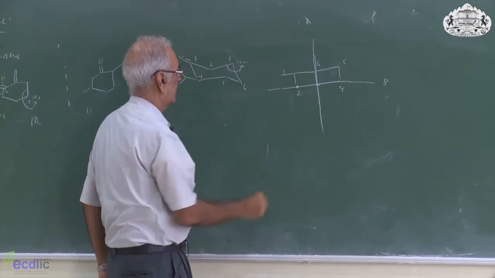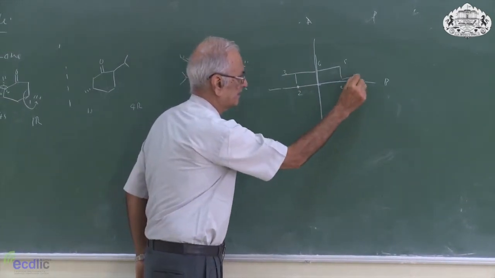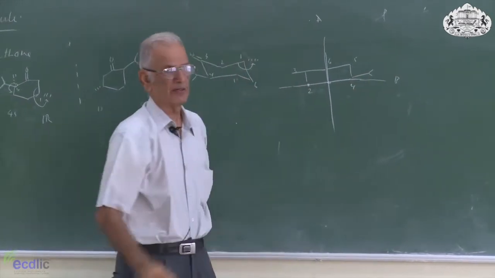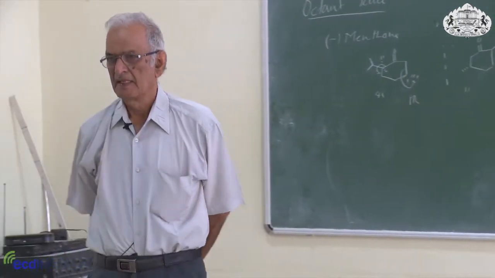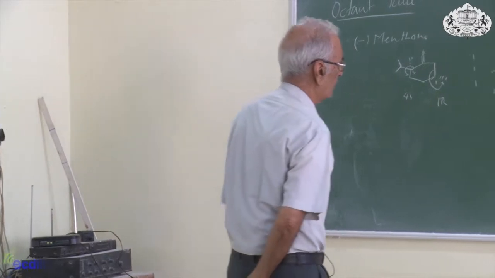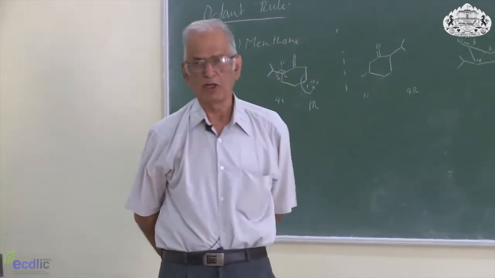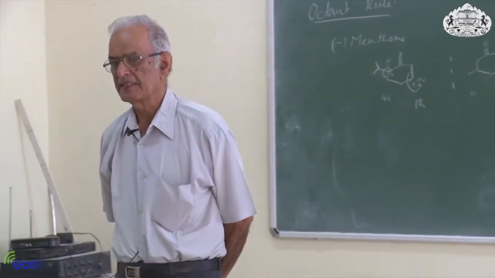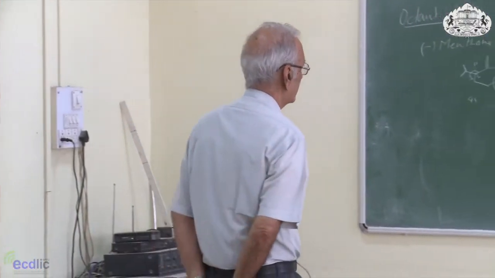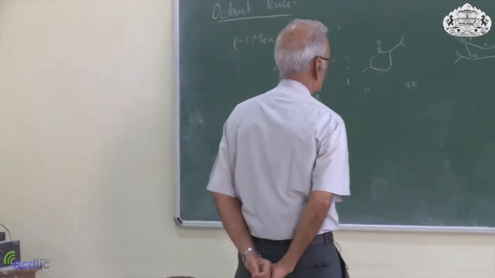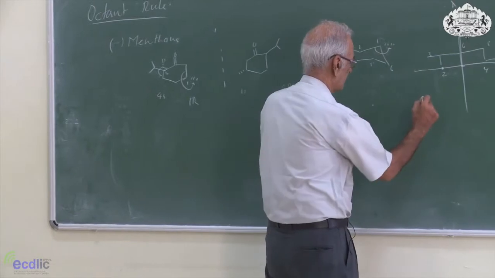Methyl group here, that will be your isopropyl. Since isopropyl group lies almost on the plane, its contribution is very small. Therefore, the major contribution is going to be of the methyl group. Therefore, the predicted Cotton effect will be positive.